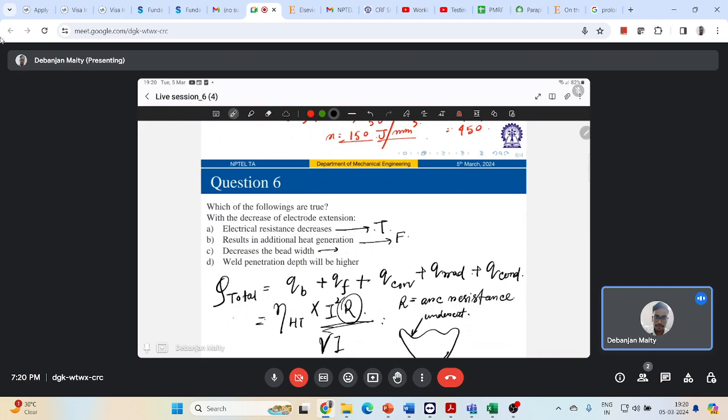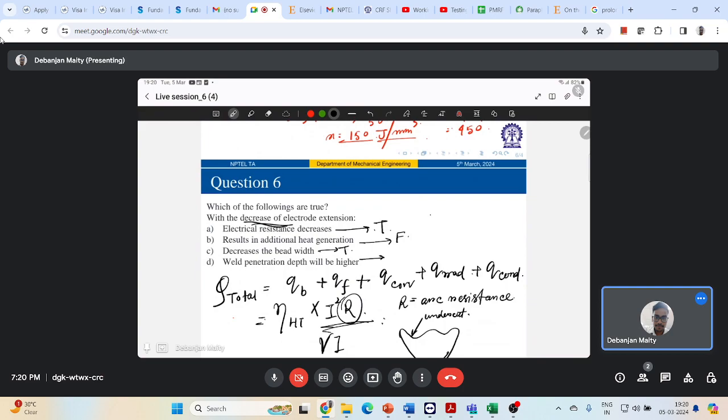With decrease of electrode extension, my penetration depth will be higher.